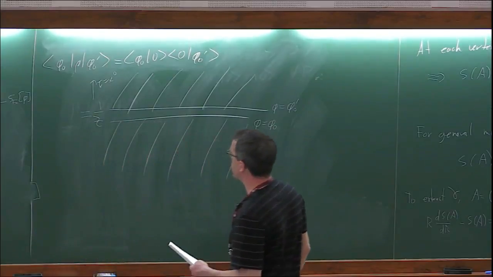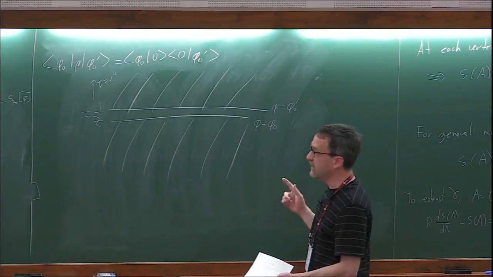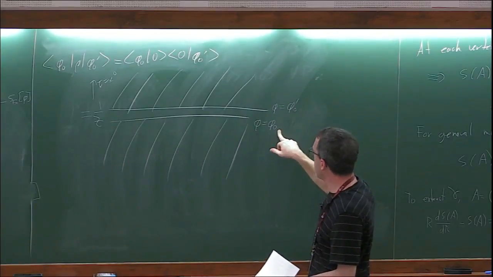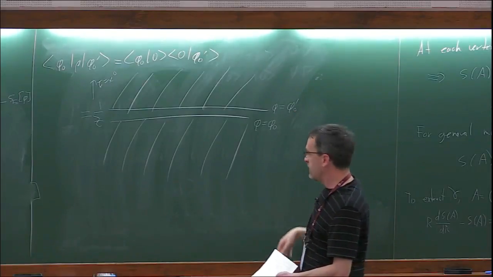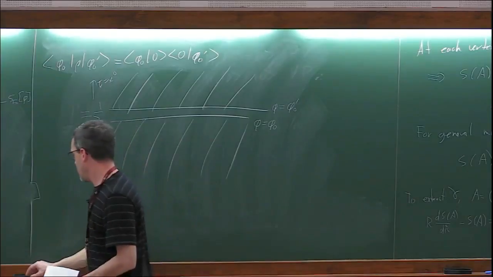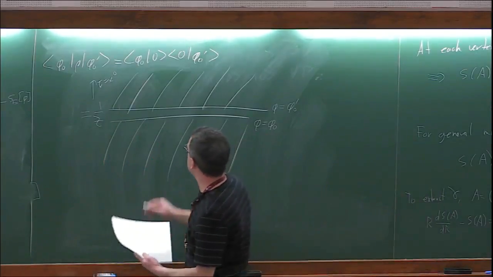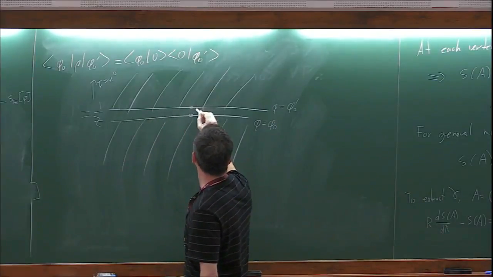Now, the interesting thing is that we're going to trace over A bar, which means we're going to set phi naught equal to phi naught prime and integrate over them. So when I set them equal on A bar, that means these are not independent anymore.